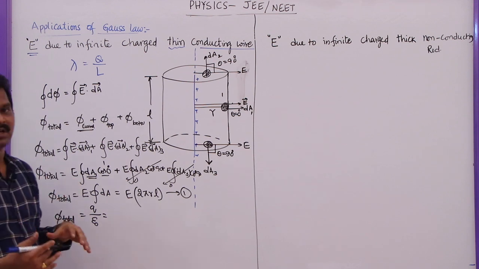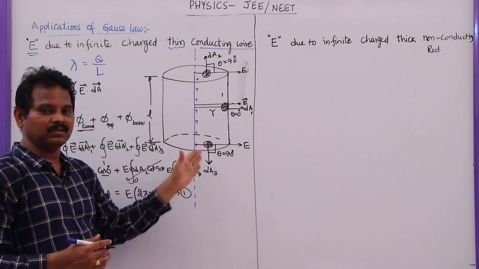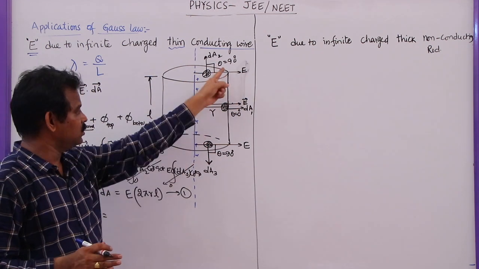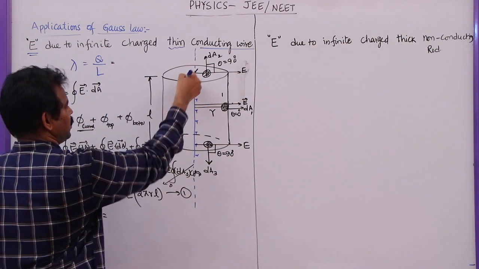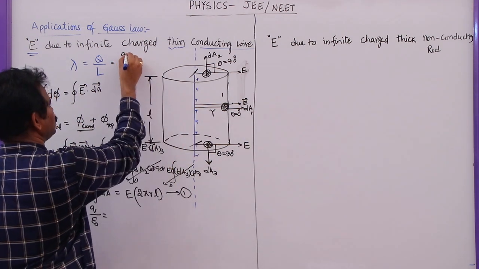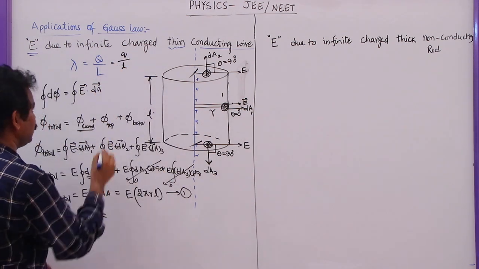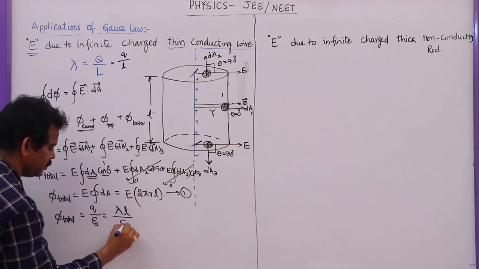But how to find the charge? I am not going to consider the entire charge on this wire. I am going to consider only the charge enclosed by this closed cylindrical Gaussian surface. Let us say the charge enclosed from here to here is Q, and the length of this is L. So Q is equal to lambda L, and the flux is lambda L by epsilon naught.